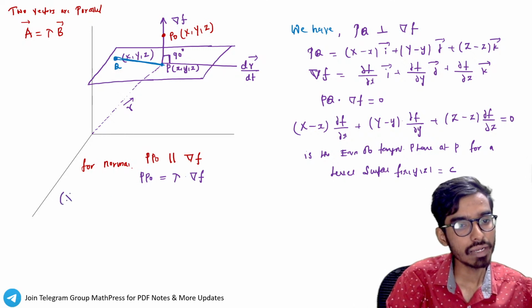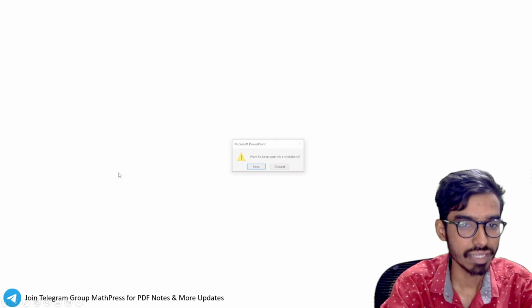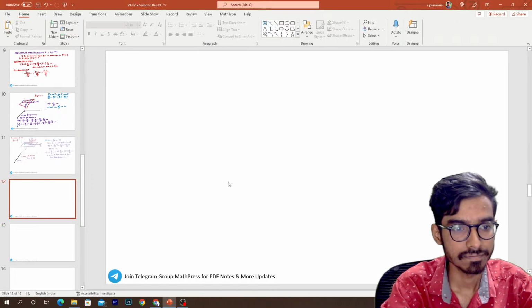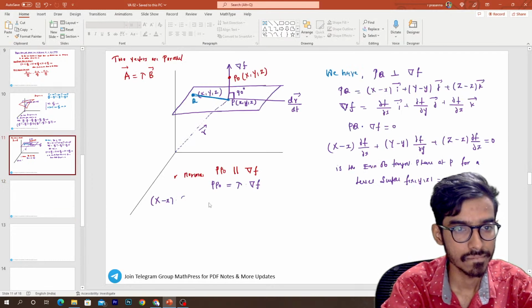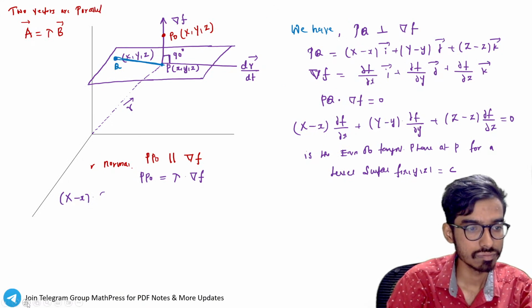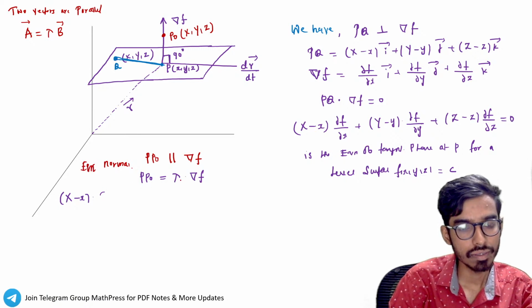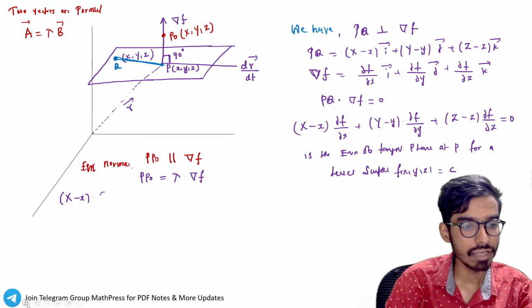Now what is P naught? Capital X minus small x. Okay, P naught is equal to lambda times del f.